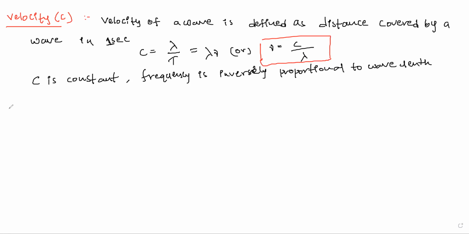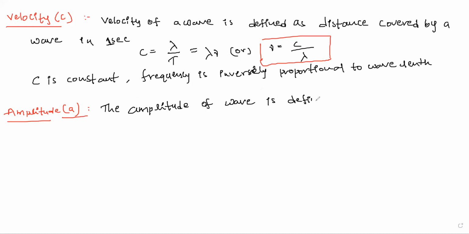And next one, amplitude. Amplitude, that is nothing but A. Amplitude represented by A. The amplitude of wave is defined as the height of crest or depth of trough.